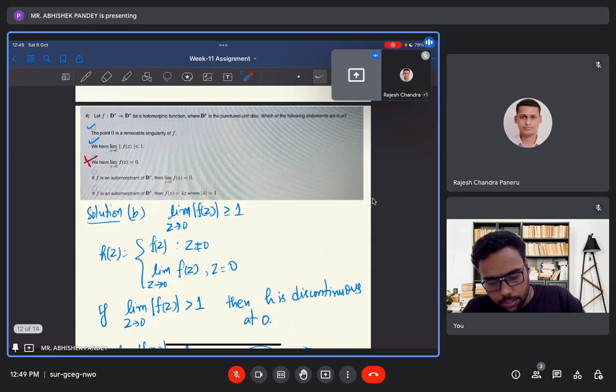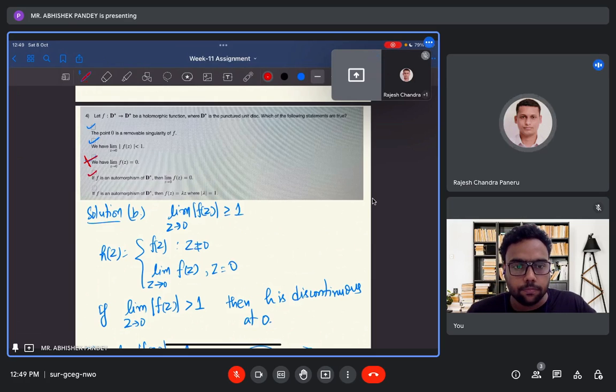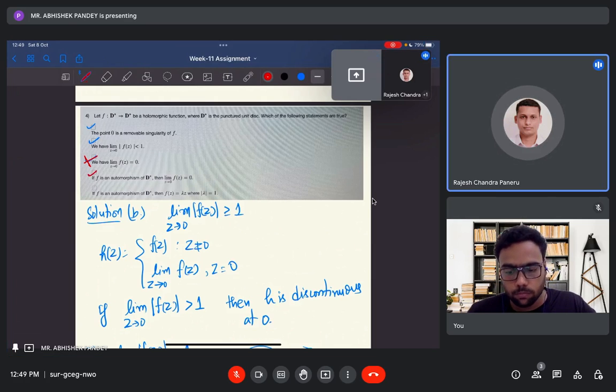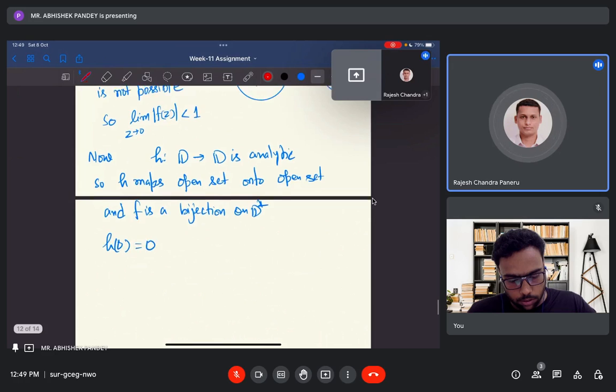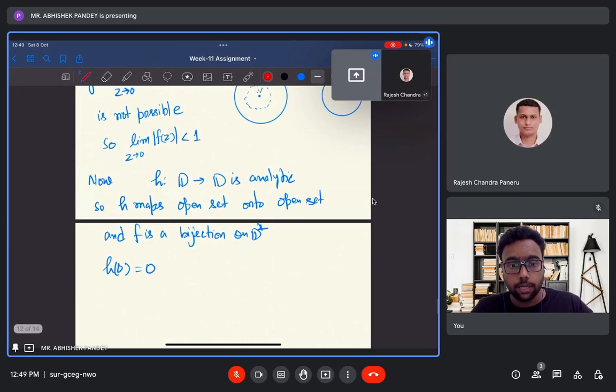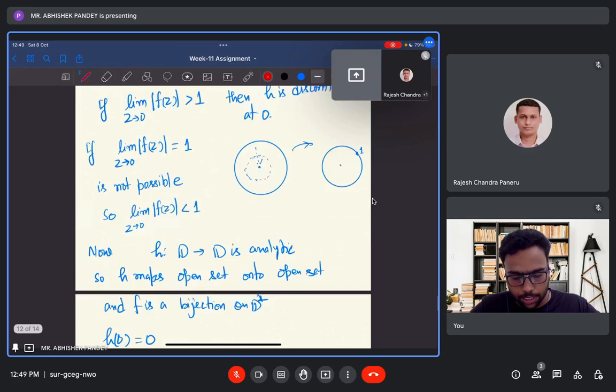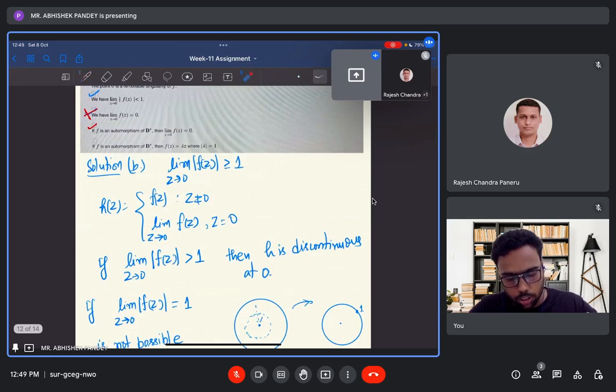Any doubt? Here our domain is D star and the point is the origin. So can we take zero? No, 0 we cannot take. But since 0 is a removable singularity of f, we can define an analytic function on the unit disk, basically just taking this limit. So this will be analytic, isn't it?